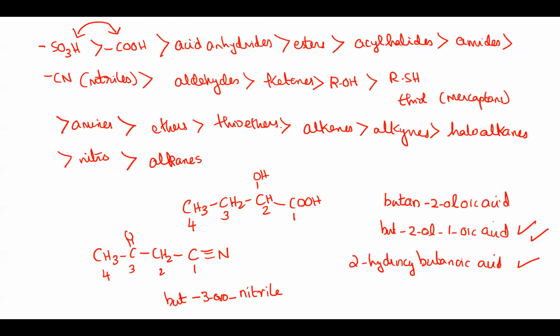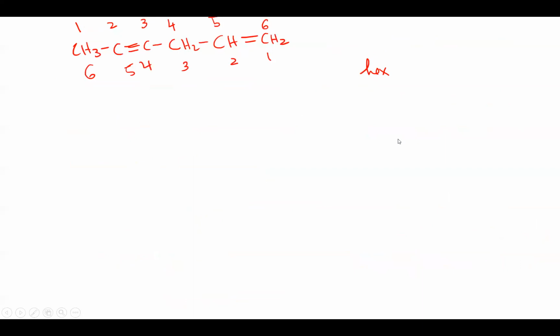Remember from the previous slide, you can see who should get the preference. Alkenes are more important than alkynes. So a double bond should get a lower number than that of an alkyne. In this case, if you write like this, the first carbon atom has the double bond, therefore the number of the double bond will be 1. If you write the other way, the double bond will have number 5. So this pattern is more preferred.